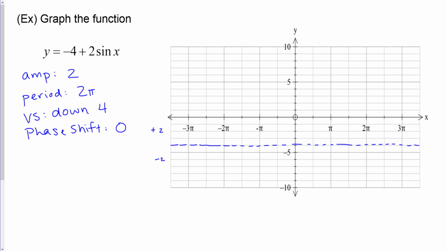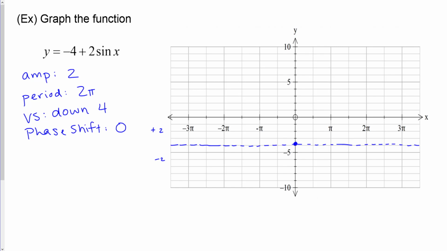Period is 2 pi, and I have no phase shift. So that means I'm going to start my original pattern at 0. In the original pattern for sine, you start at 0, which means the horizontal axis, basically.